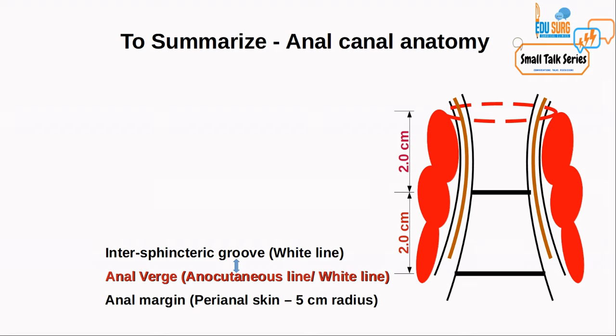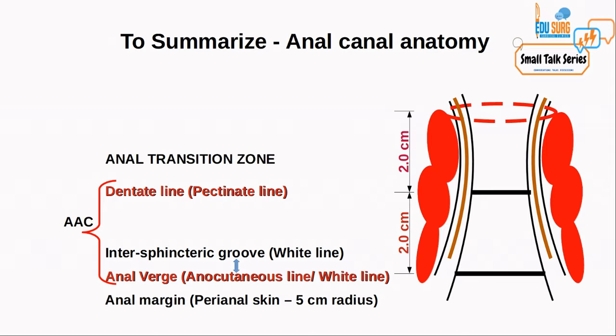All these terms essentially mean the same, and they are present in an extent of 3 to 4 mm and can be used synonymously. Above this region, around 2 centimeters above, is the dentate line or the pectinate line, and the part of the anal canal between the anal verge, anocutaneous line, white line, intersphincteric groove, and the dentate line on the other end forms the anatomical anal canal.